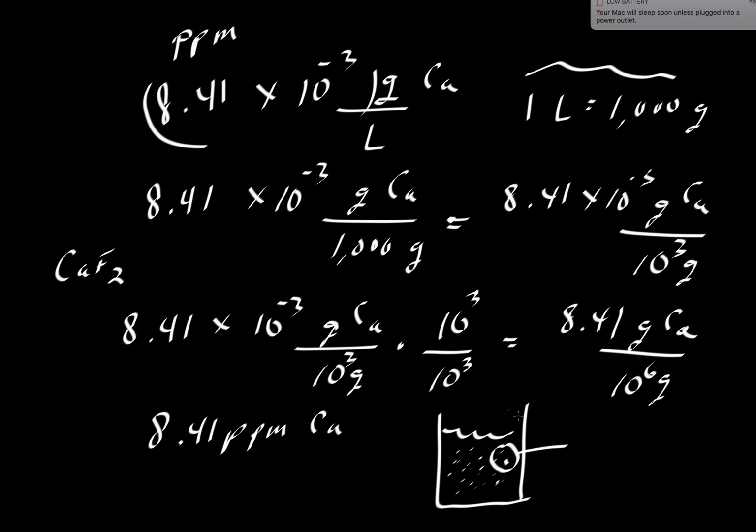So 1,000 grams would give us 8.41 times 10 to the minus 3 grams of calcium. But if we take 1,000 times that amount, then we'll get 1,000 times more calcium coming with us into the portion that we grab. And so that's why this number is 1,000 times bigger than this one. Anyway, that's how we convert molarity to ppm.